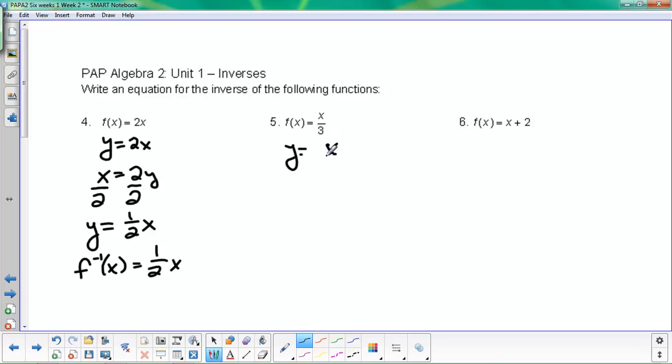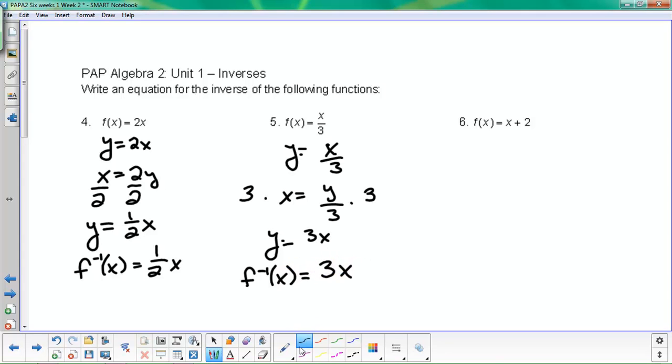Next, y equals x divided by 3. x equals y divided by 3. Multiply both sides by 3. That's how you get rid of division. So you get y equals 3x. f of negative 1 of x equals 3x.